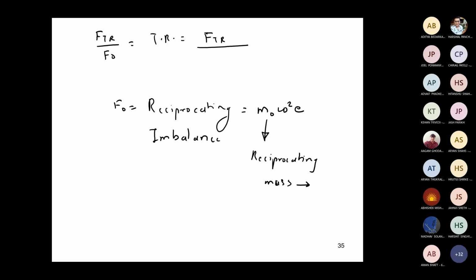All right. So substitute that in the equation, and you know omega, you know E, so this becomes m0 omega square E. Find out F.